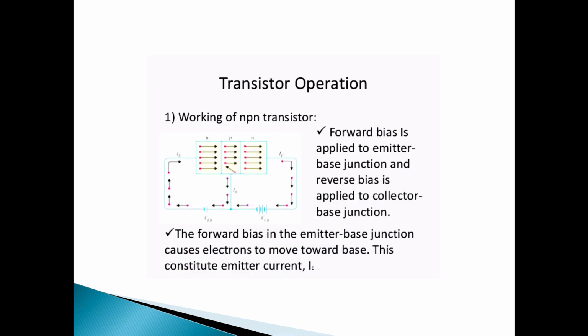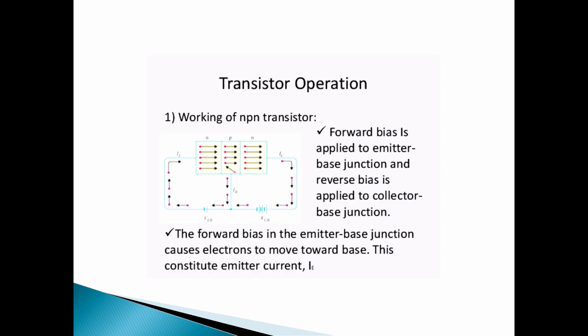Now the various working and transport phenomenon of the transistor is like this. This is the NPN transistor. It is a three terminal device: emitter, base and collector. Now for connecting any battery or any resistance we need two terminals, but BJT is a three terminal device. So two are needed for input and two are needed for output.